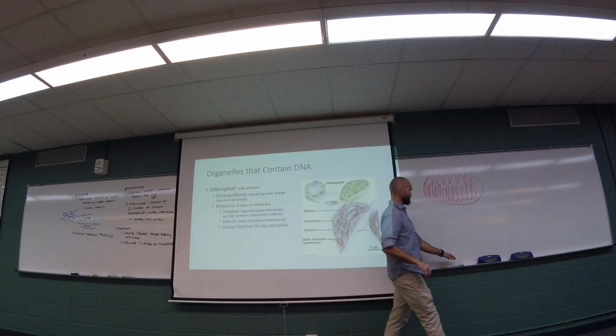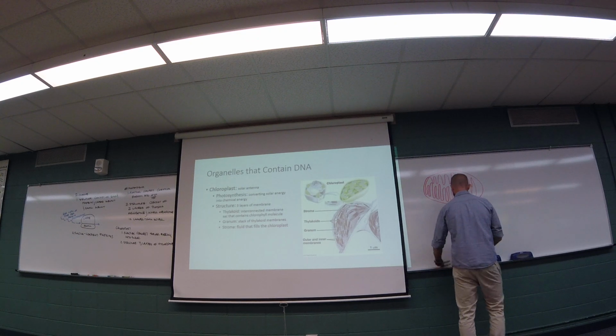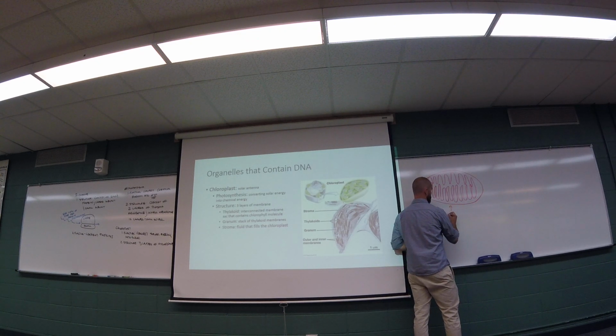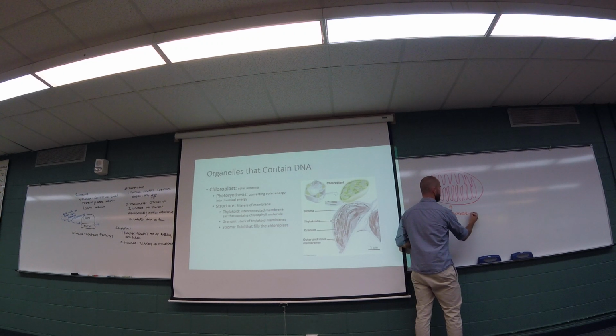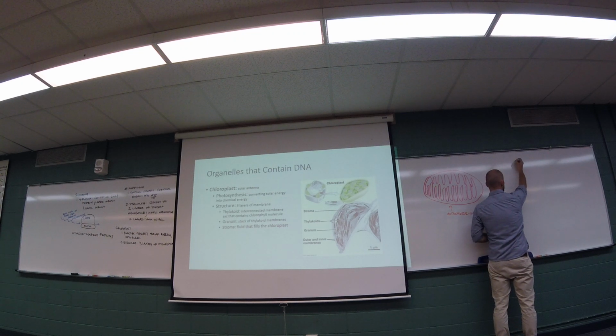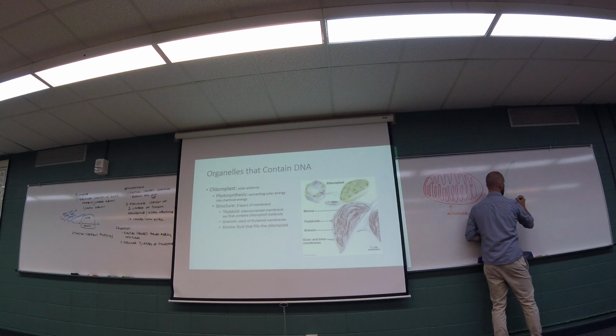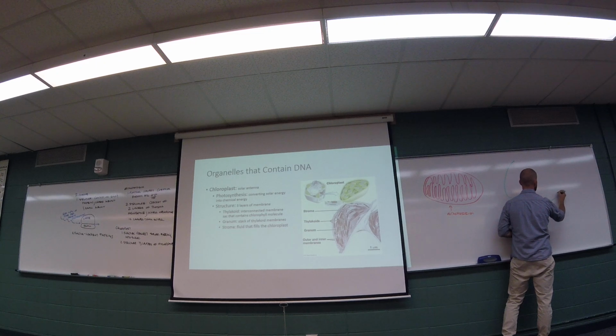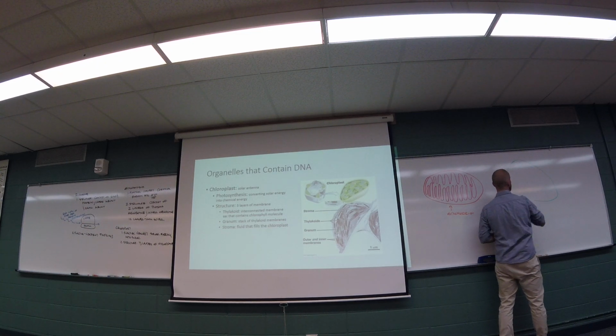So the layers of membrane look something like this. And right here, this is going to be our chloroplast. So chloroplasts have an outer membrane. It looks something like that.